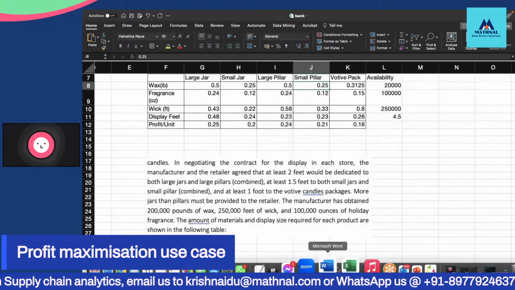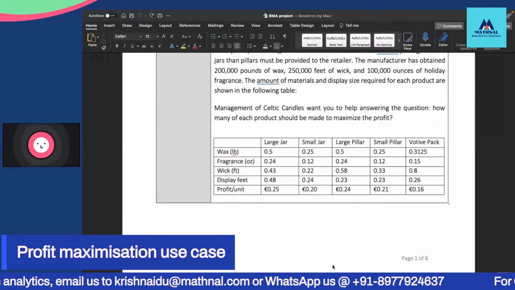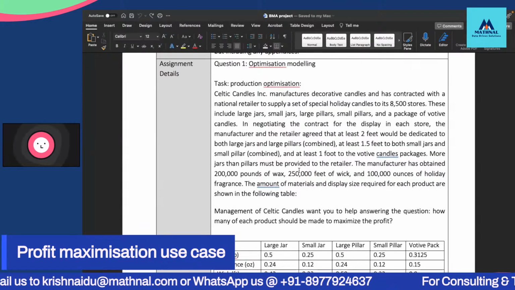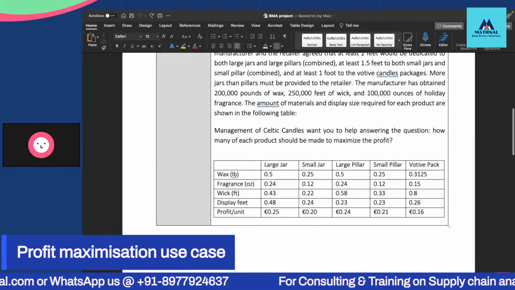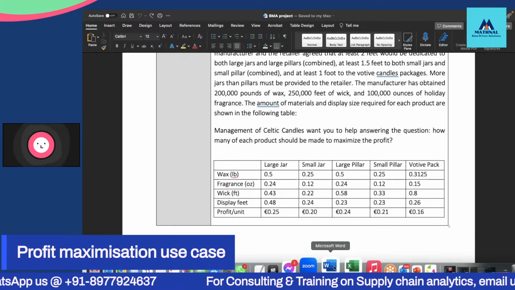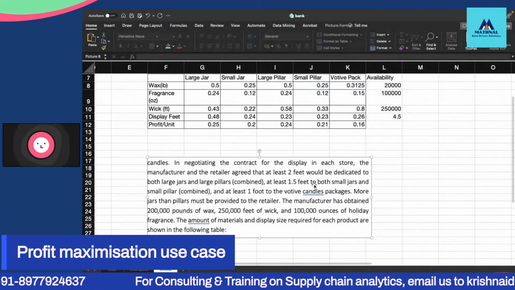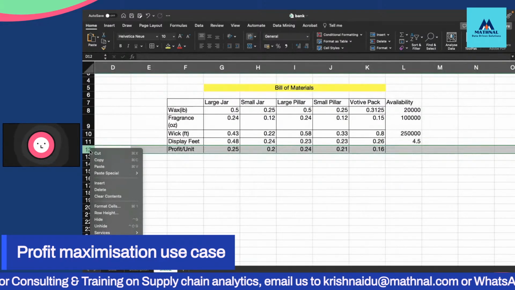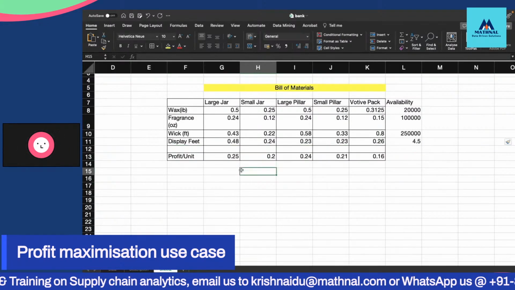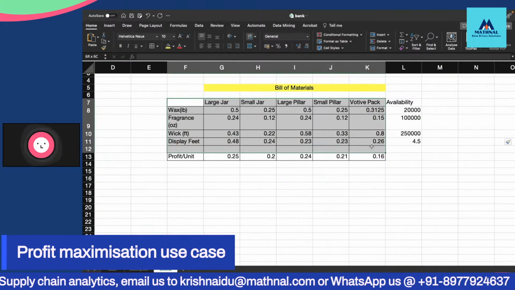So let's read some more stuff over here. If anything is pending, anything is left. Okay, so now we have all the information which we have to fetch from there. I'm going to delete this. I'm going to get one space over here and create one more table.